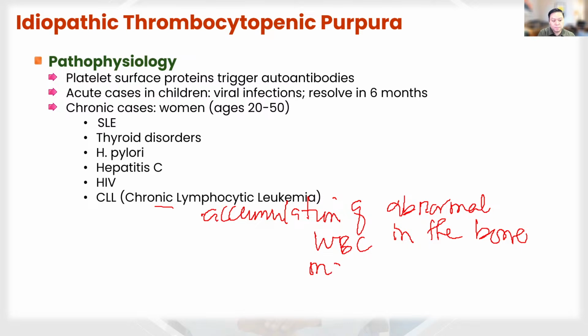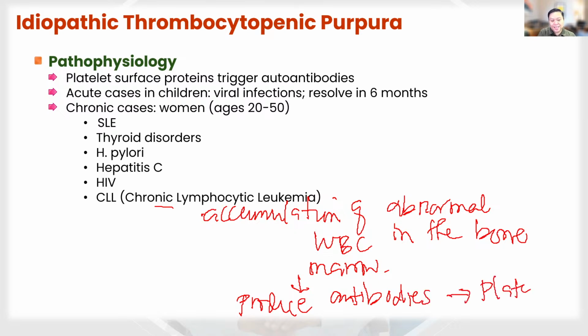And so when these abnormal cells accumulate there, it can now produce antibodies that will also target the platelet. Platelet destruction.